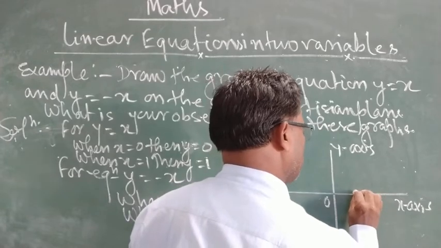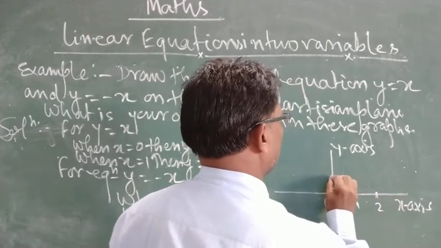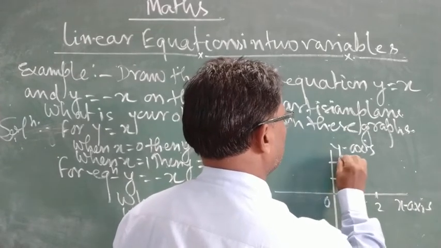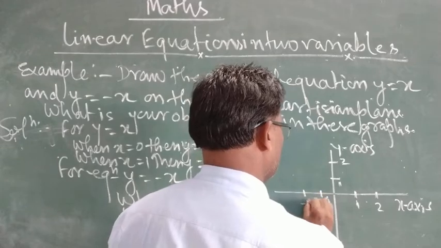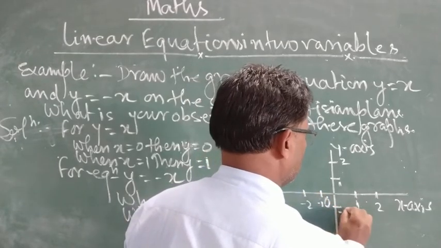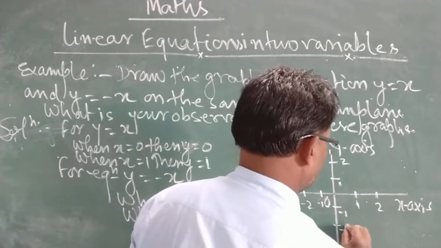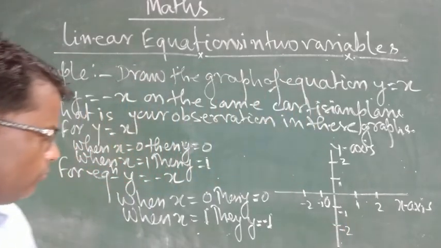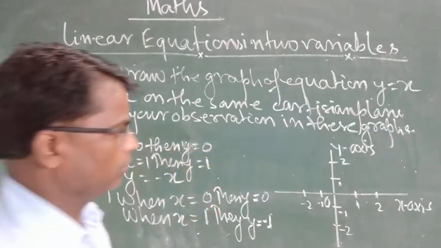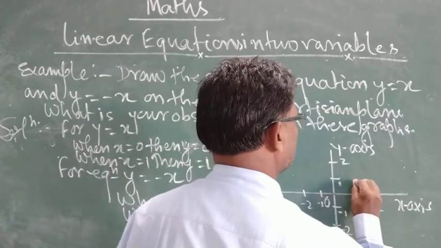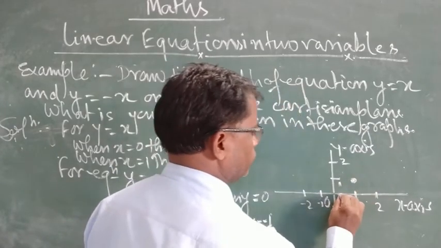We are not going to take more values here. 1, 2, minus 1, minus 2. Only this much is needed here. 0, 0, and 1, 1, this one we can get. Clear? Then we can draw, and that is the origin.